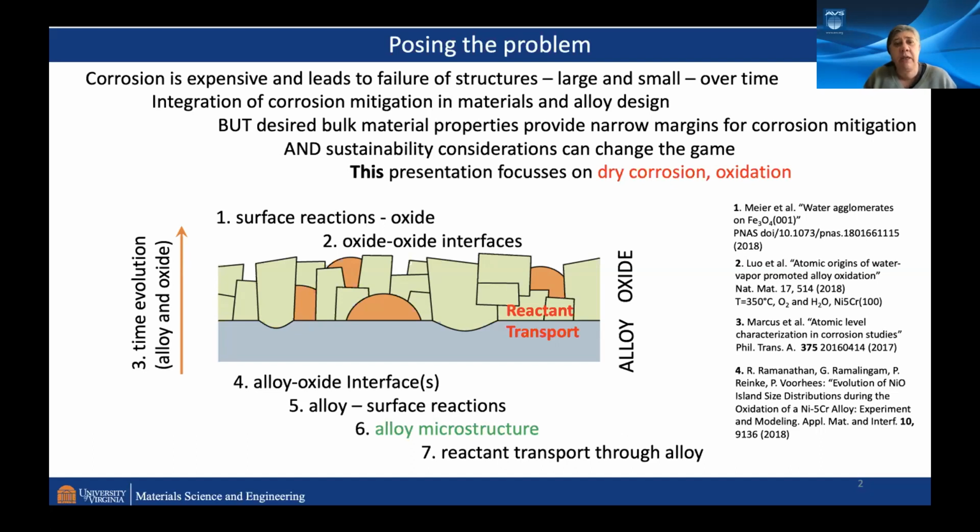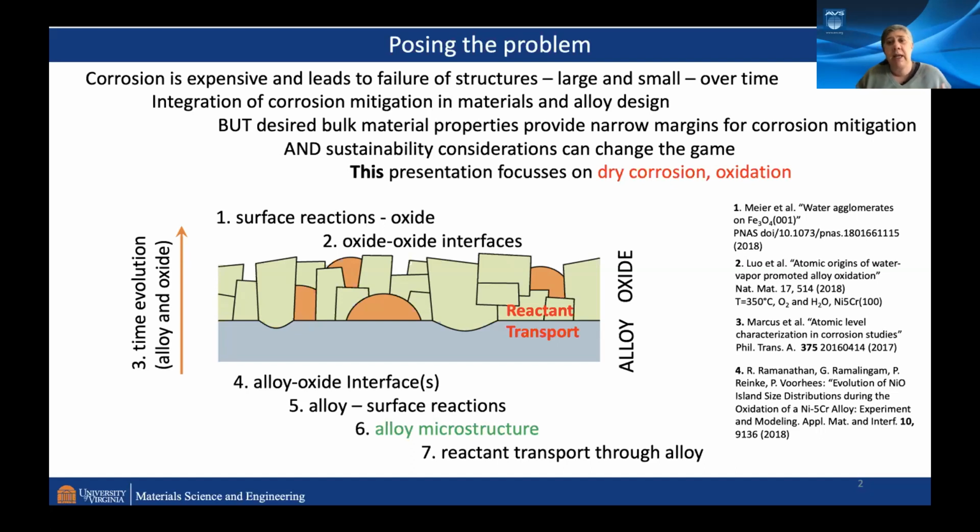And they're prone to failure not just because the bulk material fails, which can always also happen, but also because they corrode at the surface, which limits the functionality over time. So if we want to use something for an extended period of time, we don't just need to get a grip on how they function as a bulk material, but we also need to get a grip on corrosion and find ways to mitigate that super expensive and sometimes even dangerous problem.